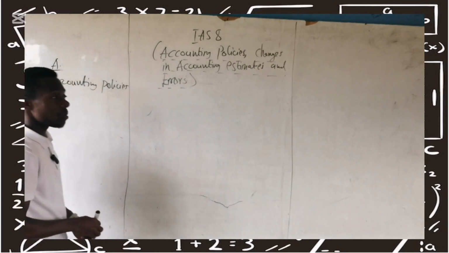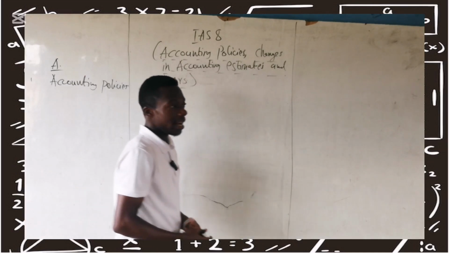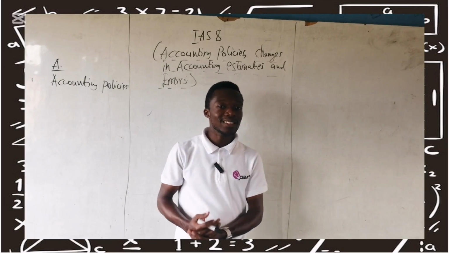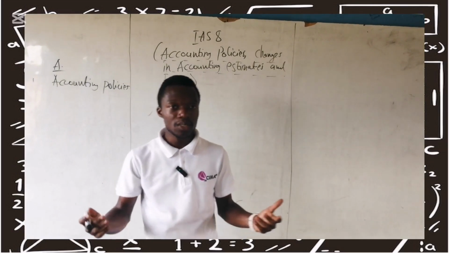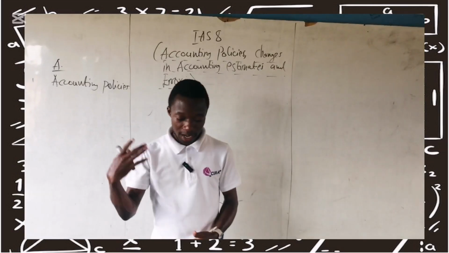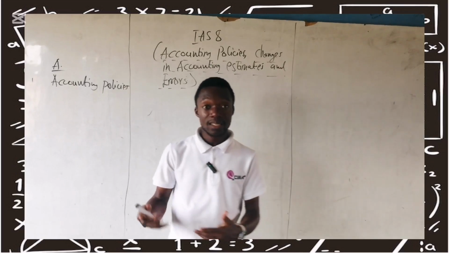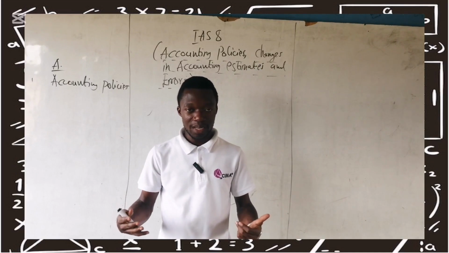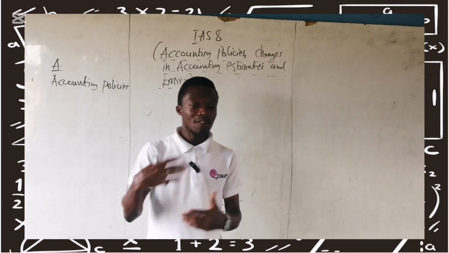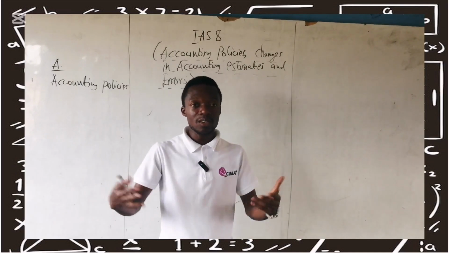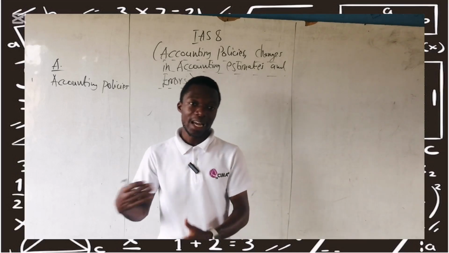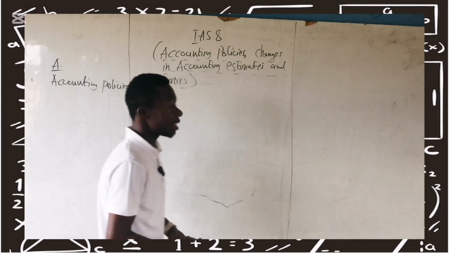When we say an accounting policy, as I said earlier, it simply has to do with the practices, the conventions, the rules that an entity would have to select and apply in the preparation of what? The financial statement. There are rules, conventions, practices, customs, or ideas that an entity selects and applies in the preparation of the financial statement.